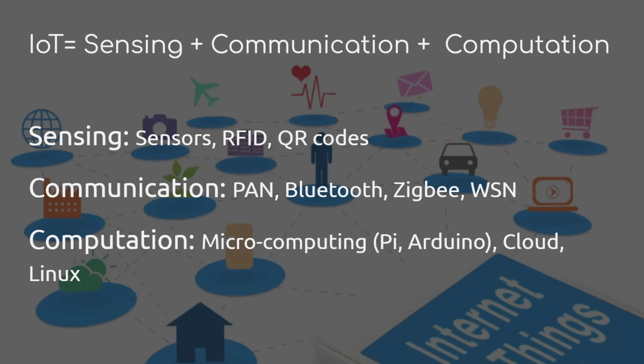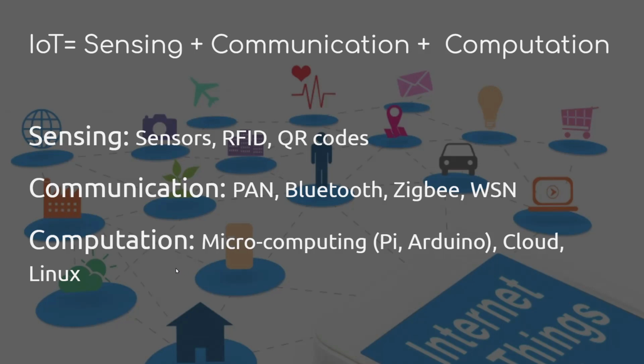Even a QR code in a metro has to be scanned and verified as a valid QR code generated by a particular server. That can be done in communication. You can use many protocols. Nowadays Wi-Fi has replaced everything, but there is still room for PAN as well as Bluetooth, even Zigbee.